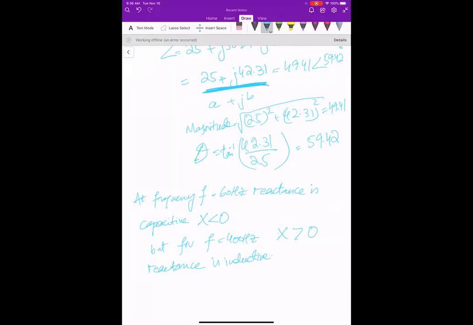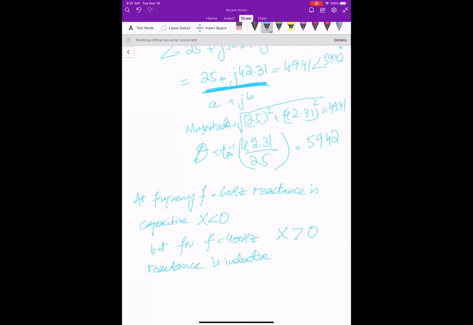Yeah. Okay. So now I will try to find the equivalent impedance. If we are given a circuit, how will we determine an equivalent impedance or admittance from that?